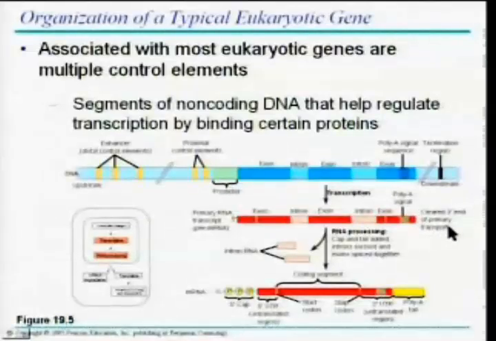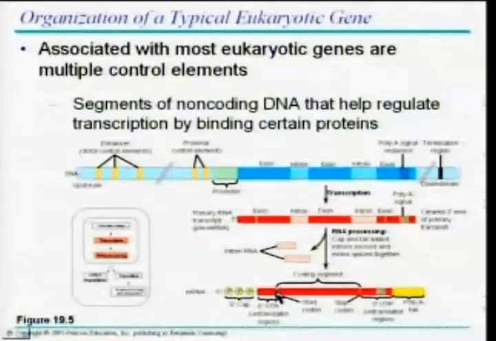And then the cleaved 3' end of the primary transcript will occur. Then there will be RNA processing, the 5' cap and the poly A tail added, introns excised, and exons spliced together to give the coding segment between the start codon and the stop codon.